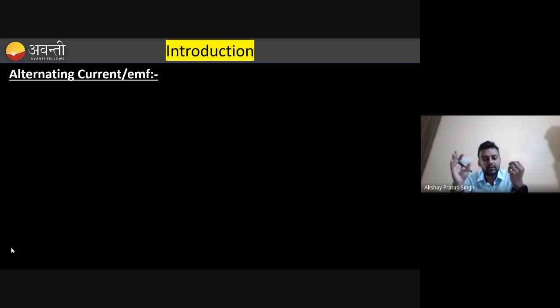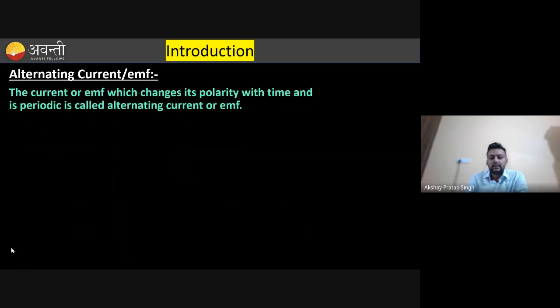The current which is periodic, varies continuously with time and changes its direction after a certain time period. Mark my word, after a certain time period. That means after some fixed period, it changes its direction. Then it is known as alternating current. Can you see the definition? The current or EMF which changes its polarity with time and is periodic is called alternating current or EMF.